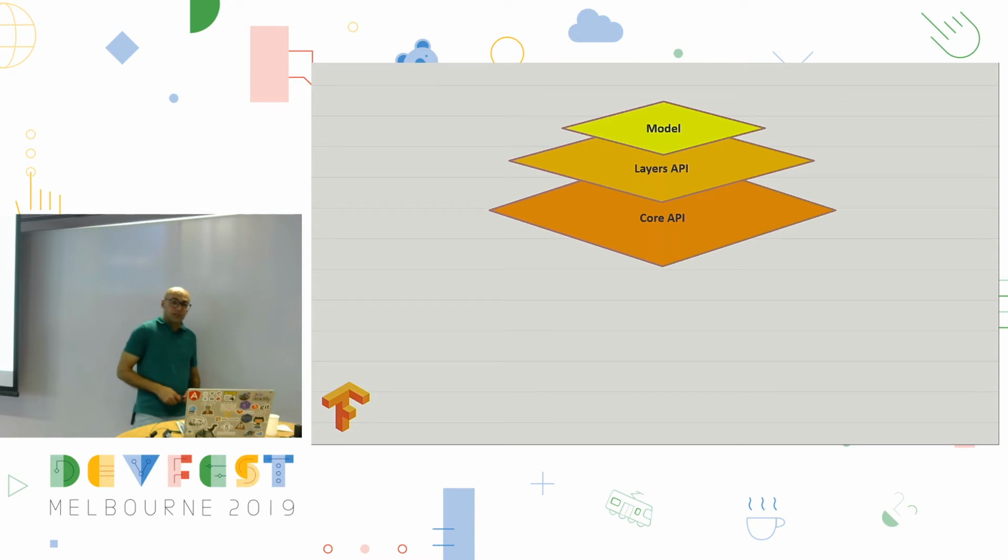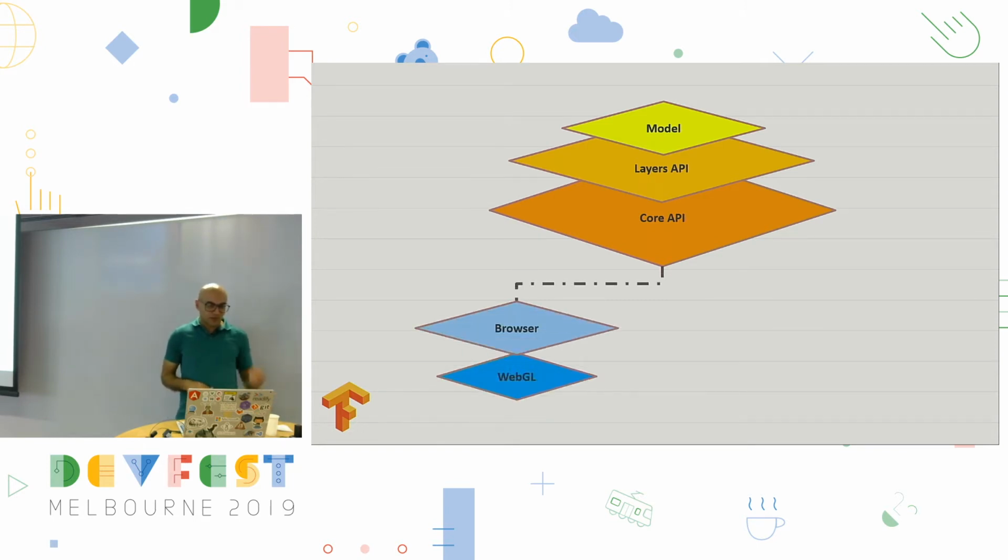These are exposed through the layers API. So if you want to go further than what the author has exposed to you, you could just use the layers API instead of using the actual model layer. And then there are core APIs, which are used to expose the TensorFlow operations to the layers API. So these are sitting on the top.